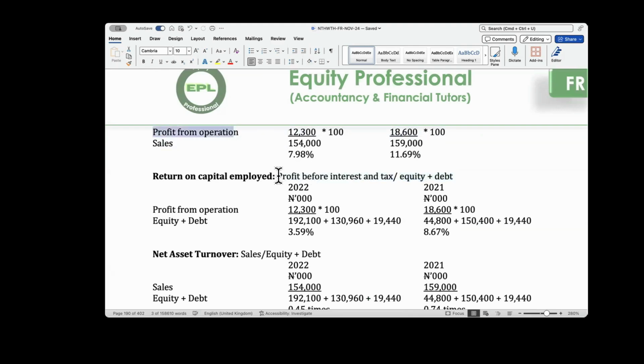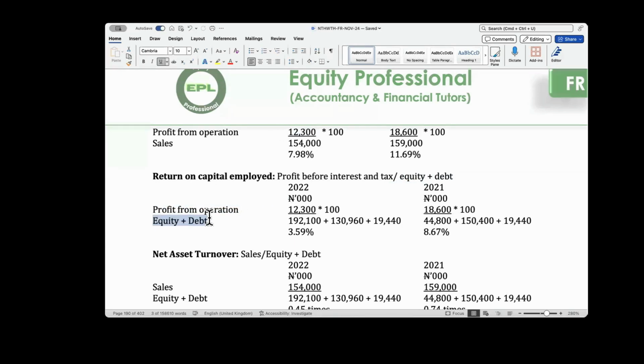And anytime the profit I'm using is PBIT, I have to use capital employed, which is equity plus debt. Then I put my years and my Naira sign. My profit from operations, the same thing as above, is 12.3, 12.3.